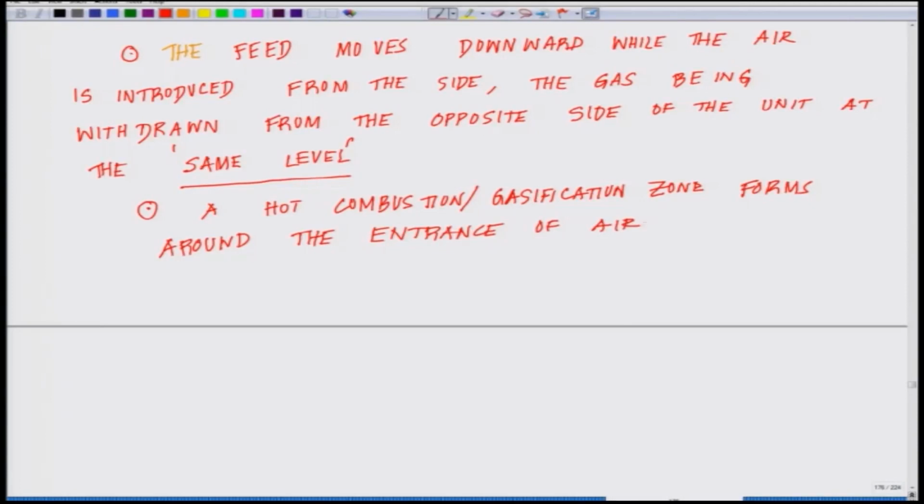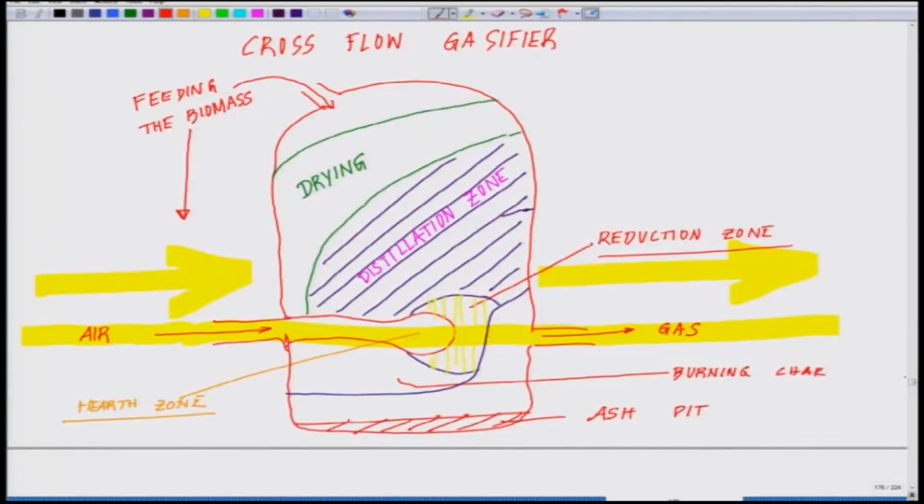That you can verify if you look at the picture very carefully. So, the air is entering out here, and this is where a lot of the reactions are taking place.